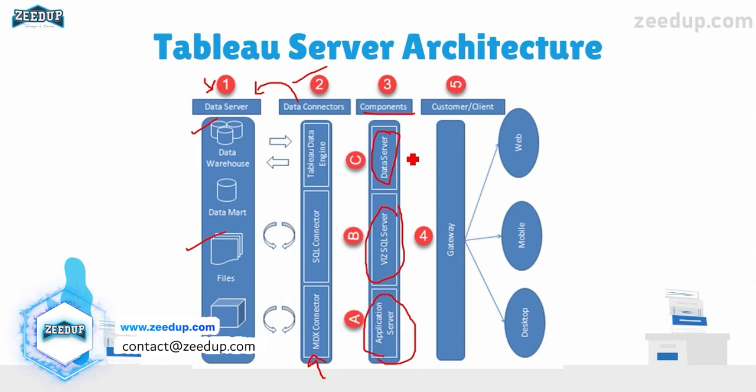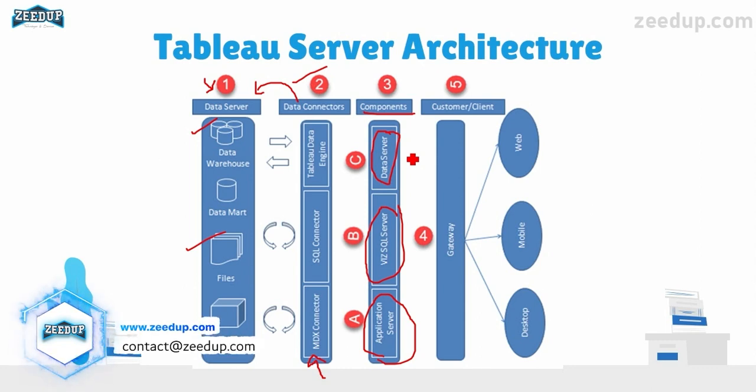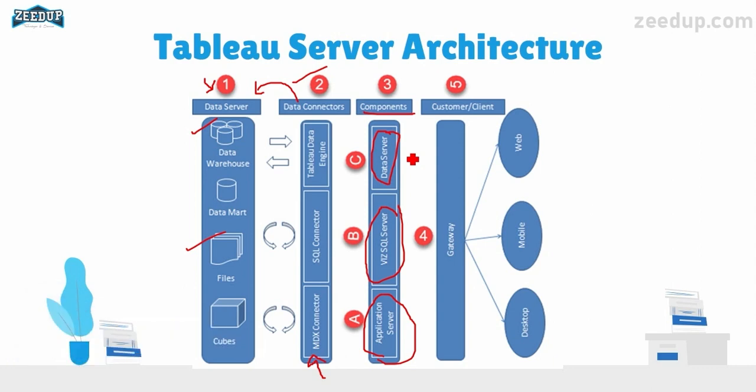Now, this data server is used to manage and store the data from external data sources. As we have been repeatedly discussing, Tableau supports many external data sources. It is a central data management system that provides functions such as metadata management, data security, data storage, data connection, and driver requirements.